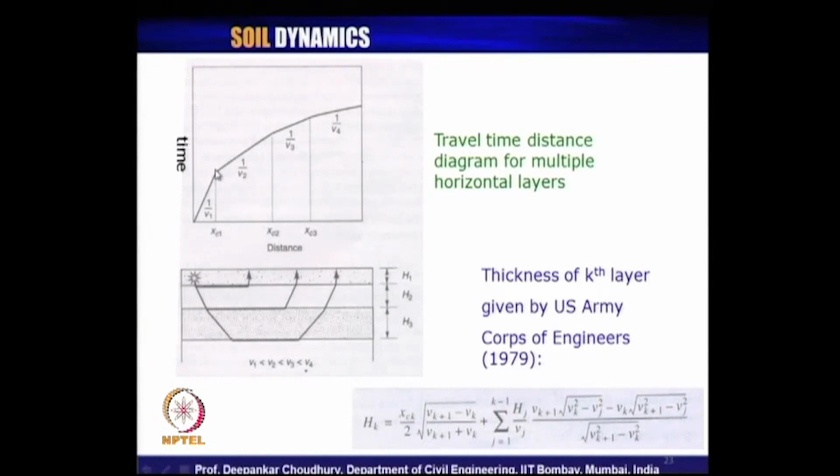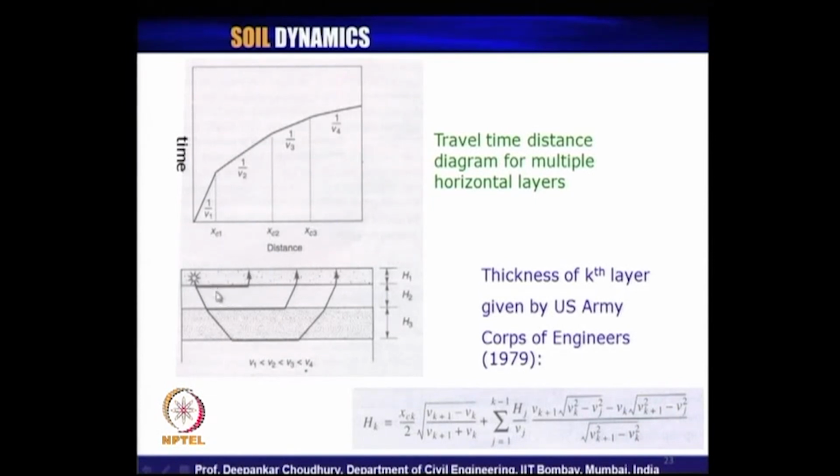That point of discontinuity is nothing but showing the changing of a layer. That is, from those layer interfaces, the waves are getting refracted, and the slope of each of the linear segments will give us the value of the wave velocity in that particular layer.